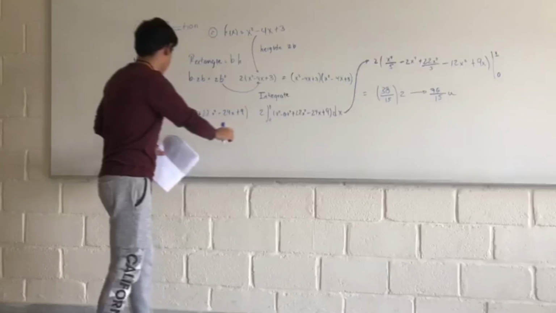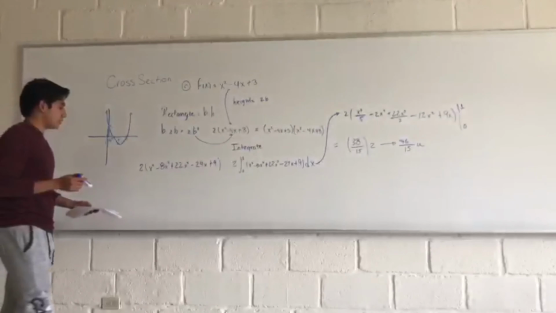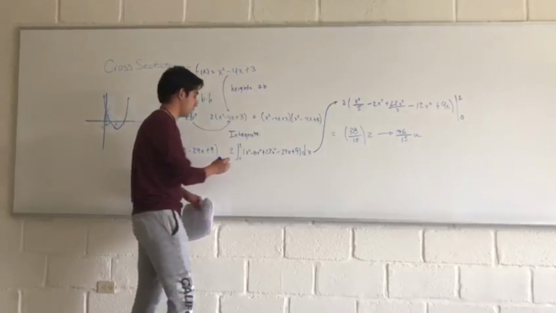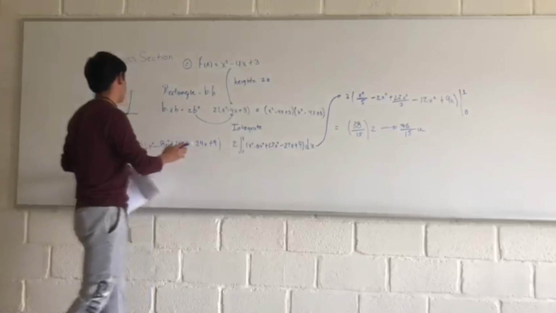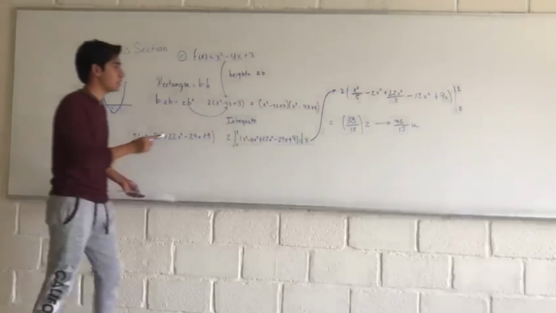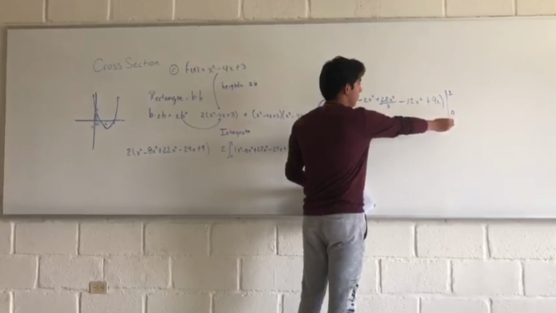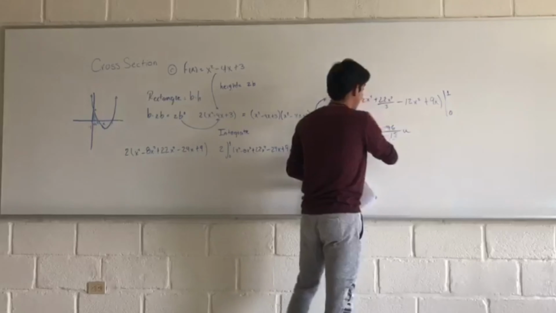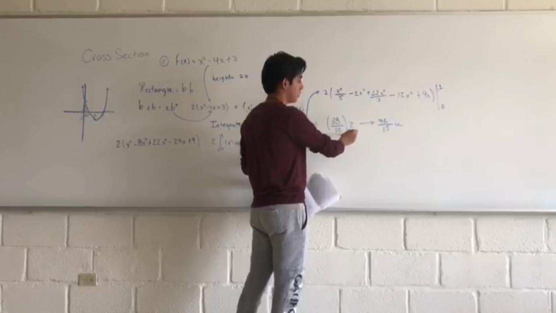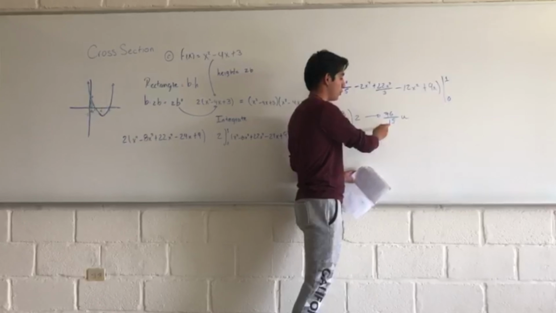The result is here, and now that we have the complete expression, we integrate with the limits of 0 to 1, because the section is only from 0 to 1. Now we integrate, and the result is here. We evaluate the limits, first 1 minus 0, evaluating this function. And when we have the result, we multiply by 2, and we have 76 over 15 units.